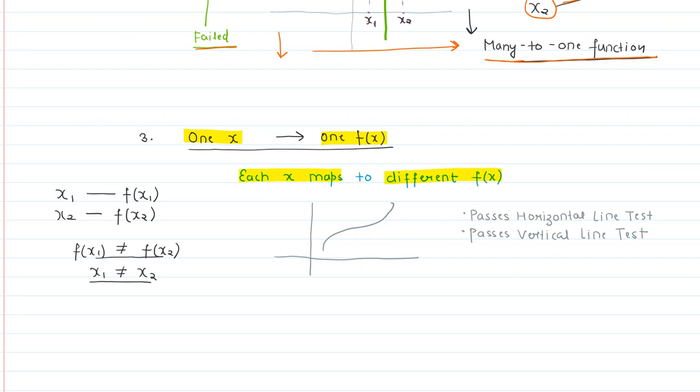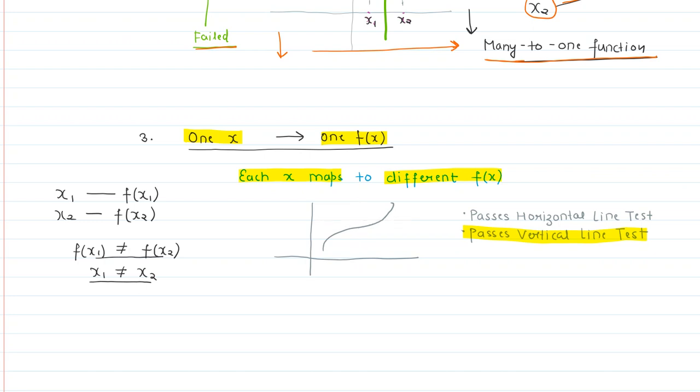So this is a one-to-one function, and as you can see here, it passes the vertical test, which means that if we draw a vertical line, it crosses through only one point, and if we draw a horizontal line, it also crosses through one point.